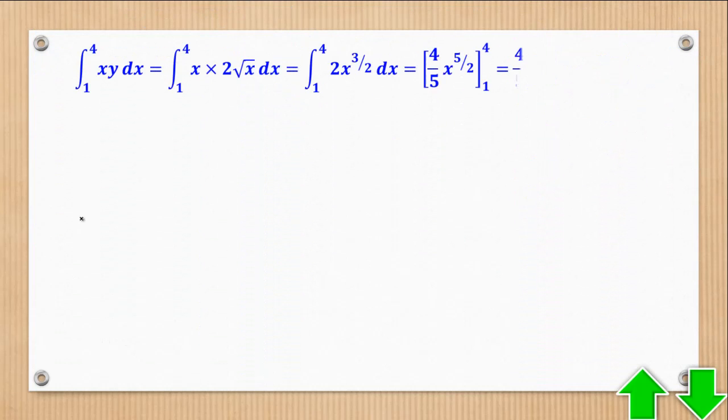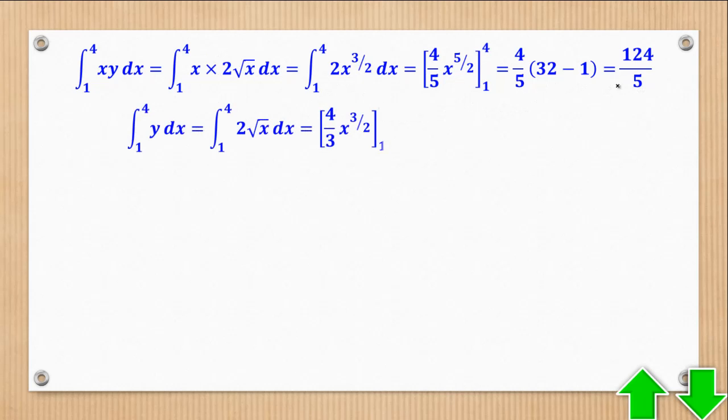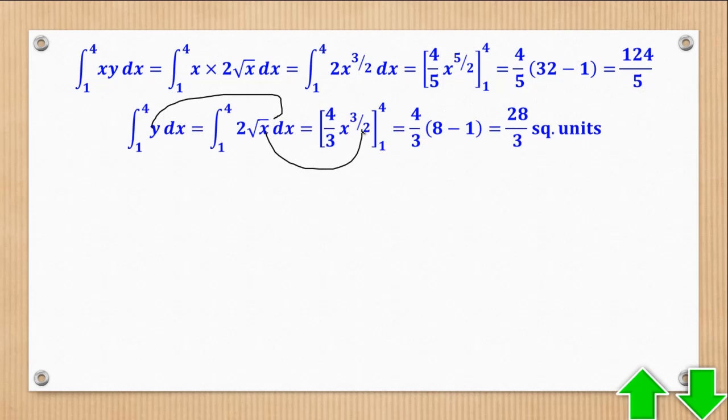Numerator, you have integral of xy dx. So substitute for y, then use laws of indices to get this, and then you can integrate, then substitute in the limits to get the output using the calculator. That was numerator. What about denominator? Still do the same, substitute for y, then integrate, substitute limits, and get the output.